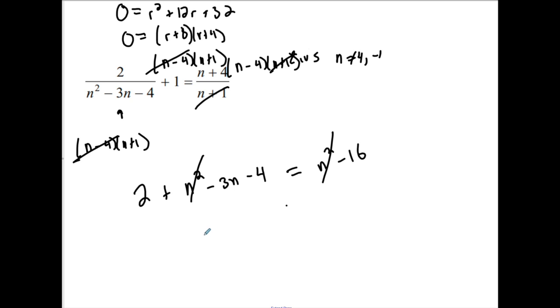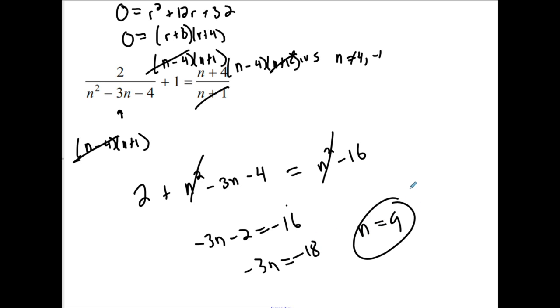I'm going to get, let's see, negative 3n minus 2 is negative 16. So negative 3n equals negative 18. So n equals 9, which is, n equals 6, which is not excluded.